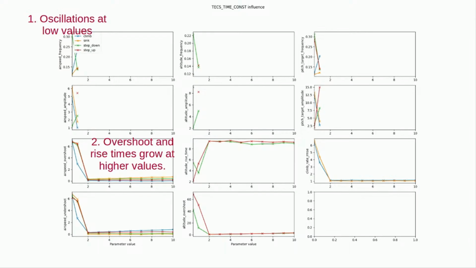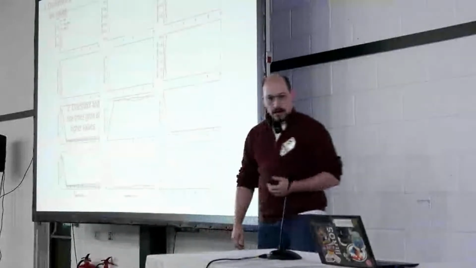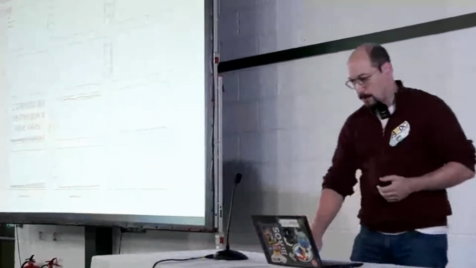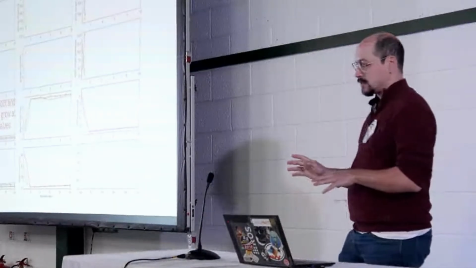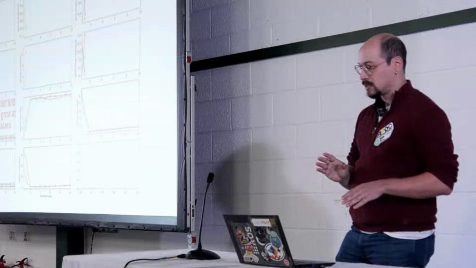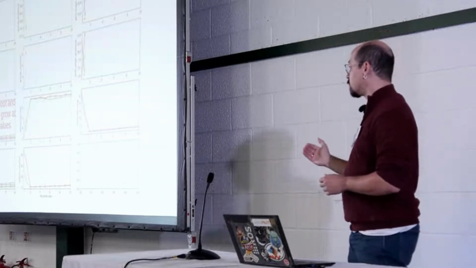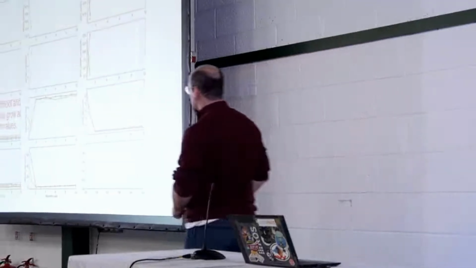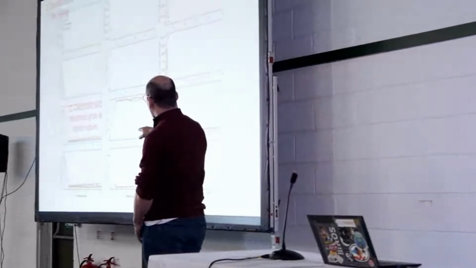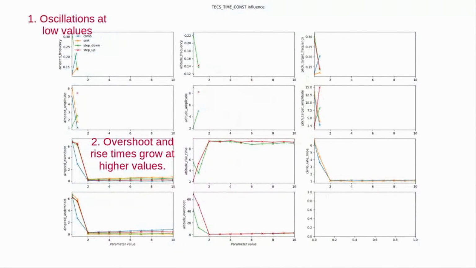So this is a first indication that our methodology reflects our expectation a bit. But you also see that for this particular pitch tune of the vehicle, setting the TECS time constant more than the minimum value to guarantee stability doesn't really alter the behavior. Yes, it makes for a more pronounced airspeed overshoot or undershoot, but not by a huge amount.